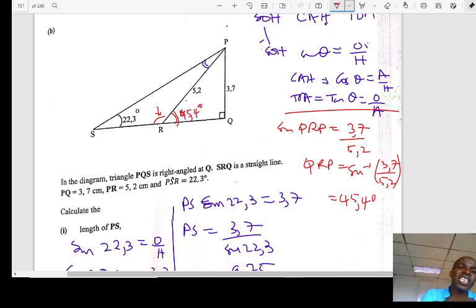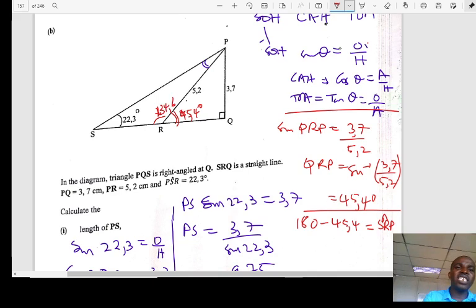To find the other angle on the other side, these are adjacent angles, so you subtract from 180. 180 minus 45.4 equals angle SRP, which is 134.6. So this angle is 134.6.